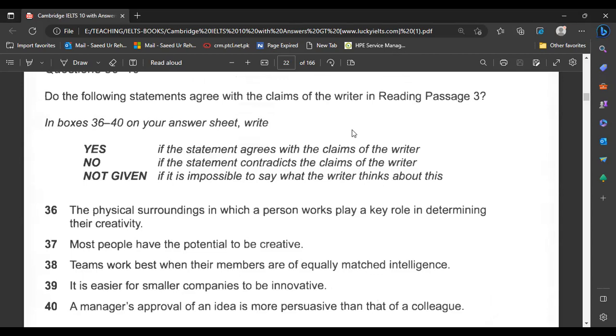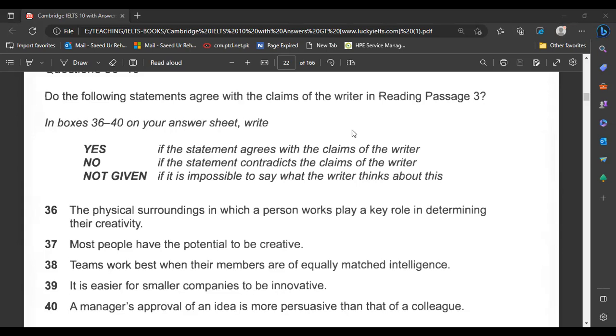Okay, and if you have some question in your mind, you can ask me. Sir, will we get 3 passages in the reading test? Yes, you will get 3 passages in your reading test. Any other question? And sir, how much time will we get? You will get 1 hour for a total of 3 passages, okay?